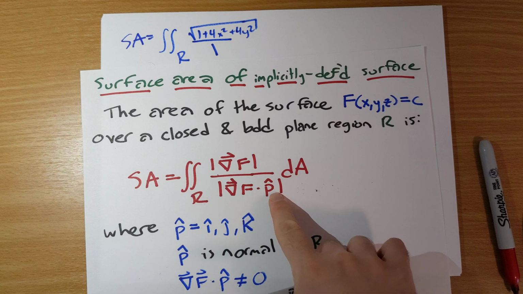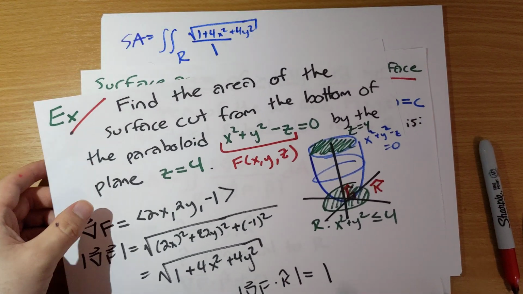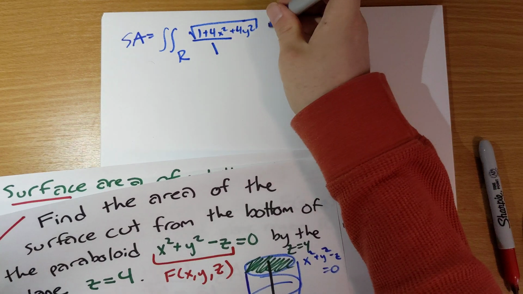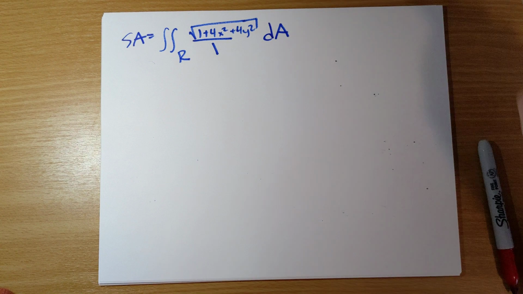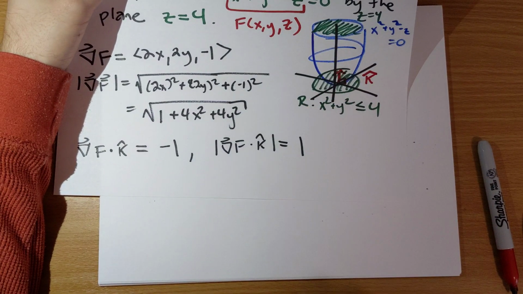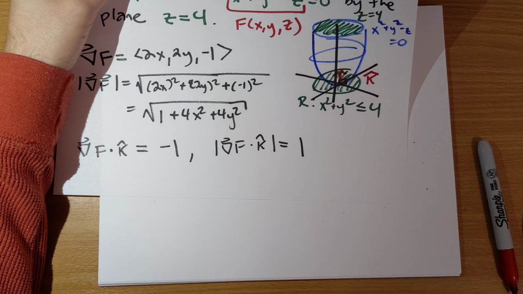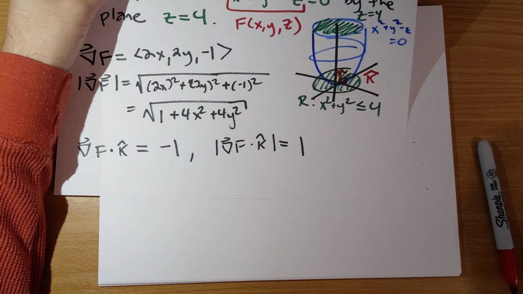We found that here. 1 is the absolute value of the gradient f dot p. We said that's 1. And then dA. How are we going to go about evaluating this integral? Well, the region R here is x squared plus y squared is less than or equal to 4. This is a place to use polar coordinates, so let's convert this to polar coordinates.